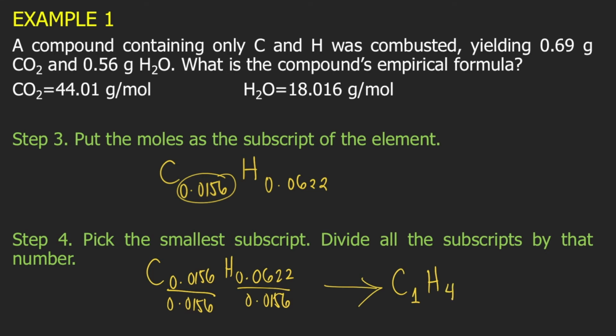So C1H4. But remember in chemistry, when the subscript is 1, we omit it or we drop the subscript. So this simply becomes CH4. So the empirical formula and the answer to example 1 is CH4.